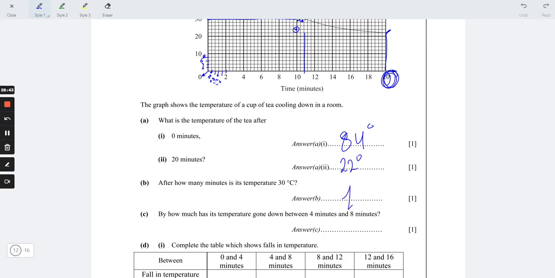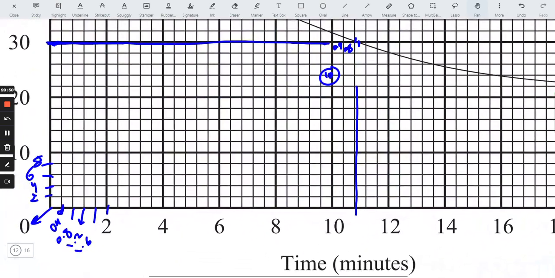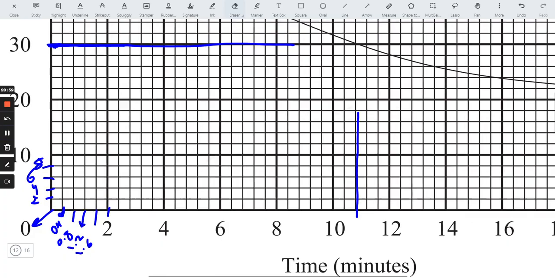I will explain it once more. Up to here.